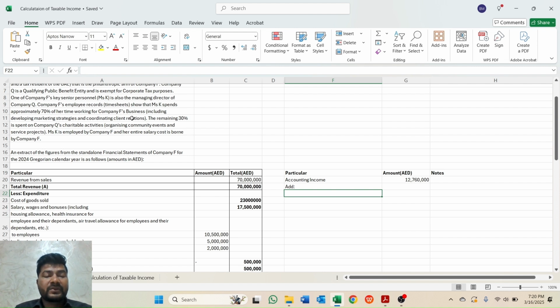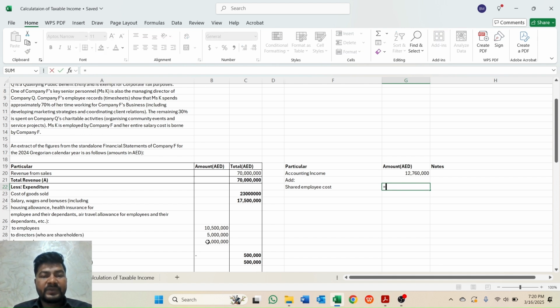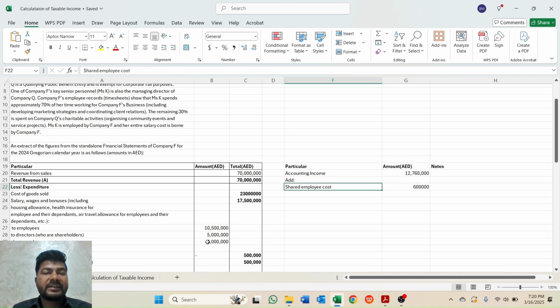So we'll add back the shared employee cost to the accounting income. How will you do this? 2 million multiplied by 30%. So this will be 600,000, which should be added back to the accounting income.